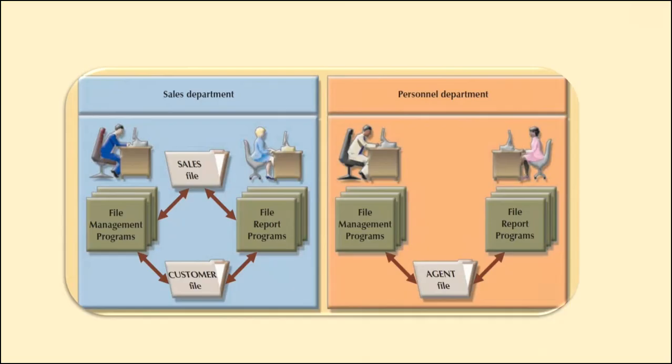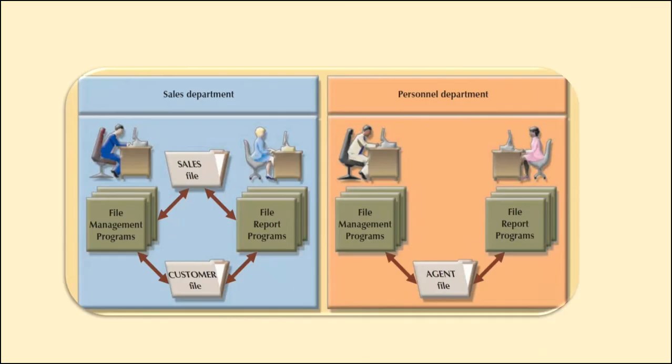These are the application programs. The purpose of these application programs is different, and there is no relationship between one application program and another. Are you getting? So you can assume the file management program is used to handle reading or writing the files, and file report programs are used for generating reports based on those files.